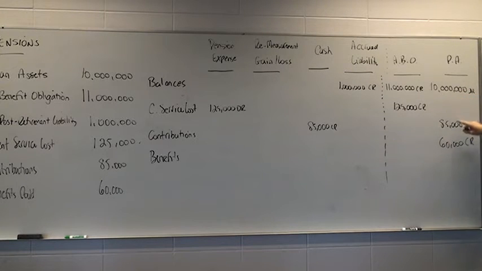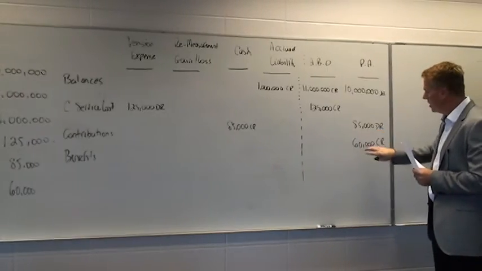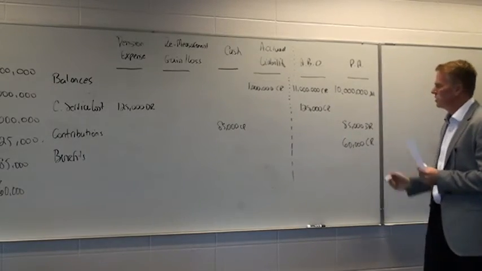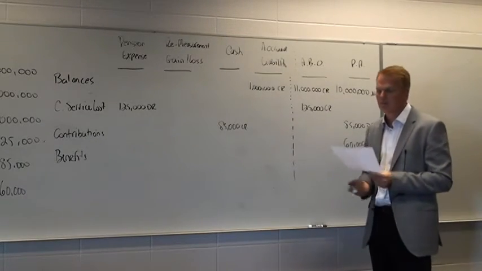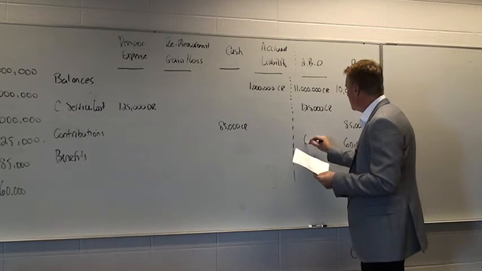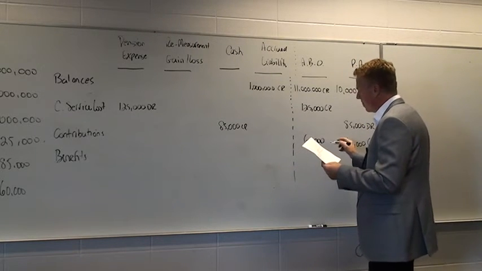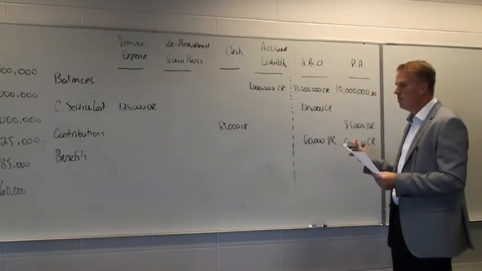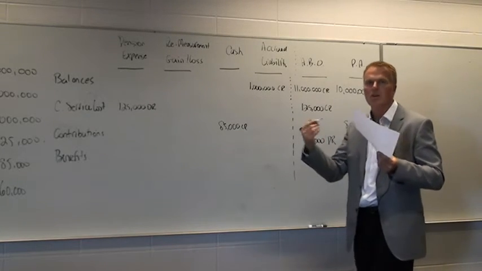If you were to total this column, you would add this number to this number, subtract out that number: add your two debits, subtract out your credits. We would be reducing our liability, which is a debit then, because we reduced our liability because we paid the people who are retired.